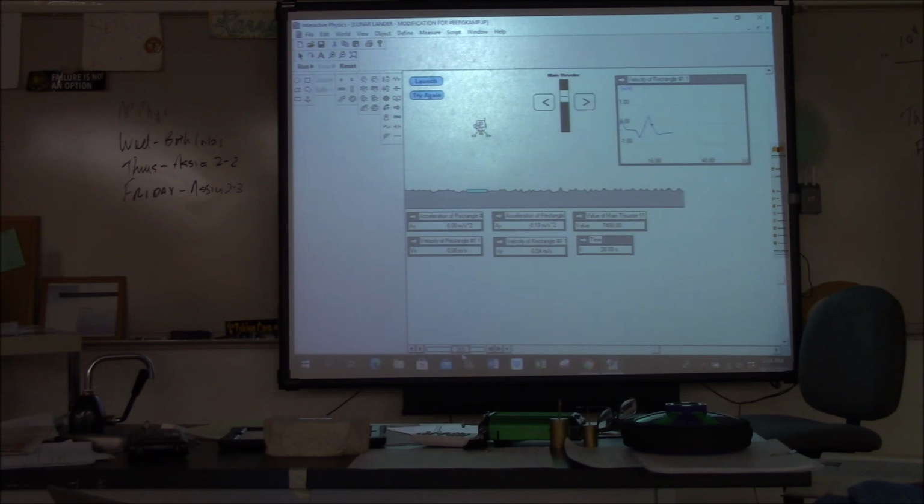See, I tried to put stuff away, and if I just let everything lay out... There it is. Okay.